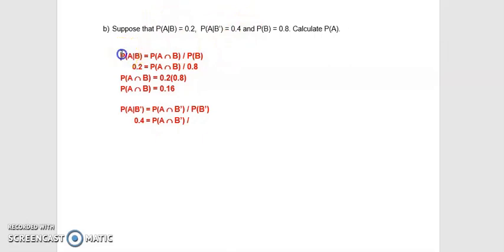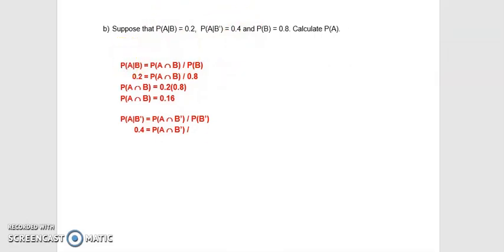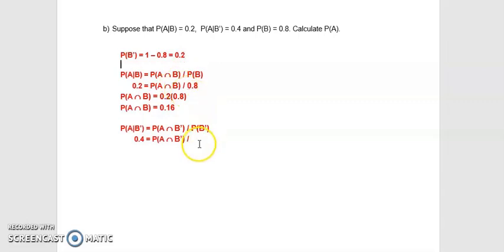We know that probability of B is 0.8, so we can apply the complement rule. Probability of B prime is 1 minus 0.8, so probability of B prime is 0.2. So here, divided by 0.2.